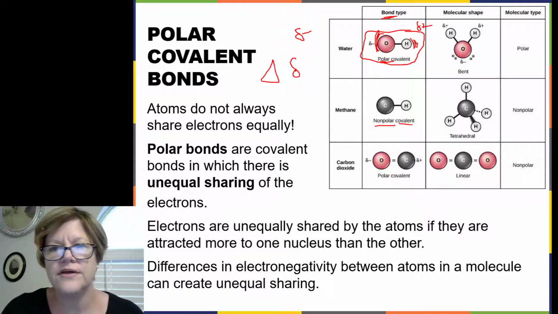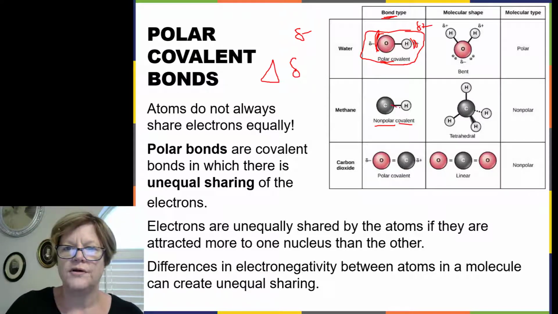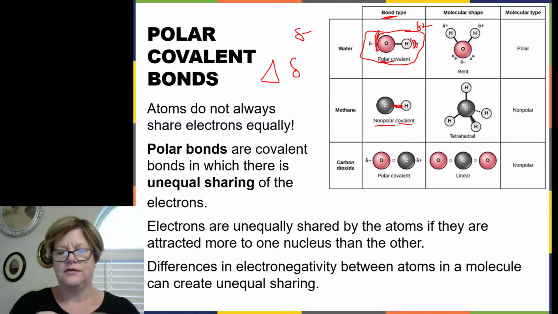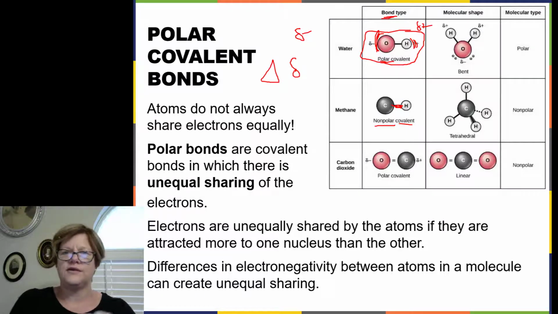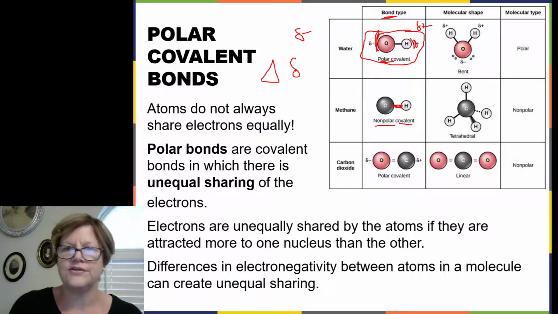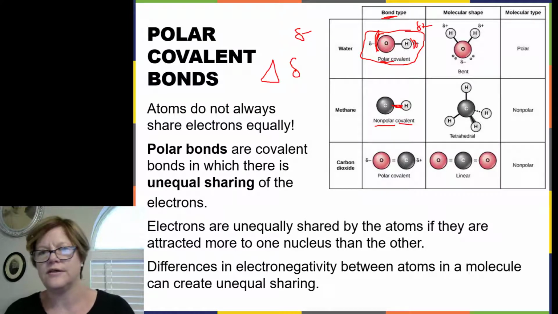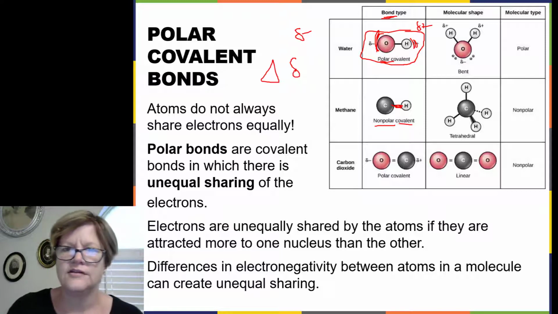A nonpolar covalent bond would be where the two atoms in the bond are pulling equally on the electrons. So carbon and hydrogen are both not that electronegative, so they'll both pull equally on the electrons, and so it ends up being an equal distribution of electrons. There's not one end that has more electrons than the other. So we call that nonpolar.